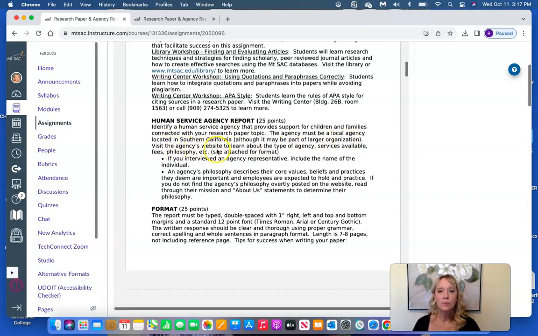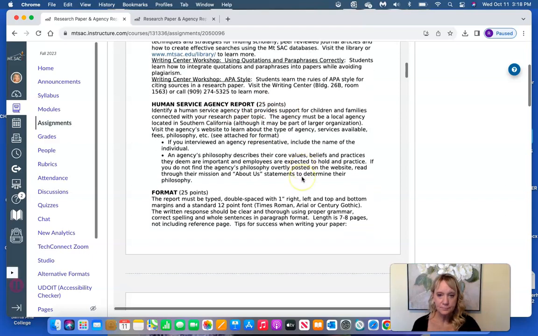Visit the agency's website to learn about the type of agency, services available, the fees, philosophy, etc. You'll see an attached form that you can put all your information in. Let's say you're going to do a report about the effects of divorce on children. You're going to find a human service agency in your area, Southern California, that would help families. Maybe you'll find another one that will help children. This is worth 25 points.